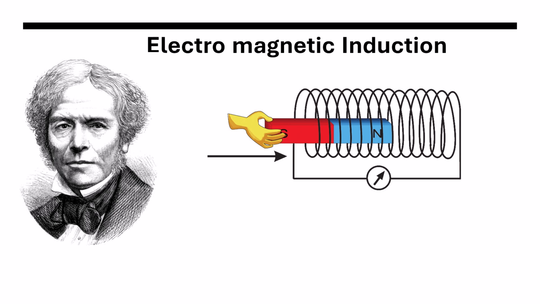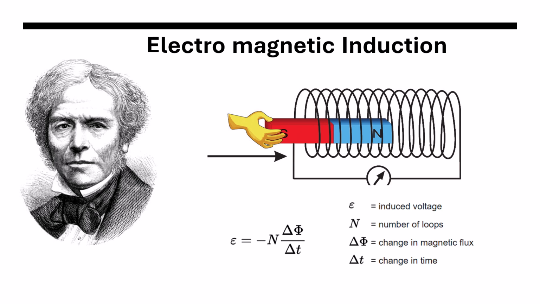The direction of the induced current is such that it opposes the change in magnetic flux, as described by Lenz's law. The mathematical equation is E = N dφ/dt, where E is the induced EMF, N is the number of turns, φ is the magnetic flux, and t is the time.